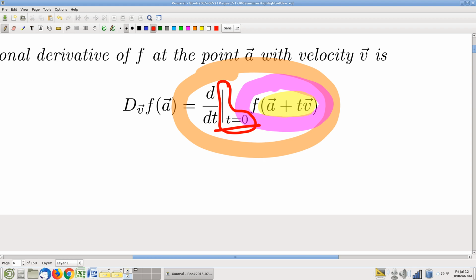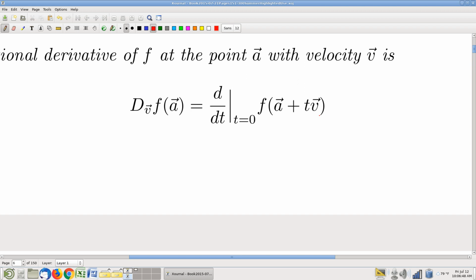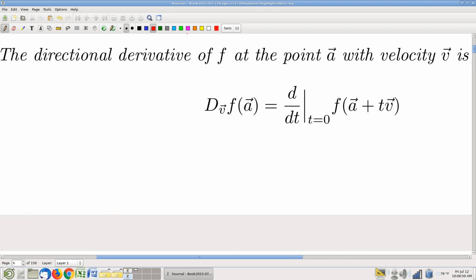Okay, so this is our formula. This is what I'm going to call a directional derivative. Here's the formula for the directional derivative. So that we don't have to write down this great big clunky formula all the time, we have a notation. The notation for directional derivative is this.